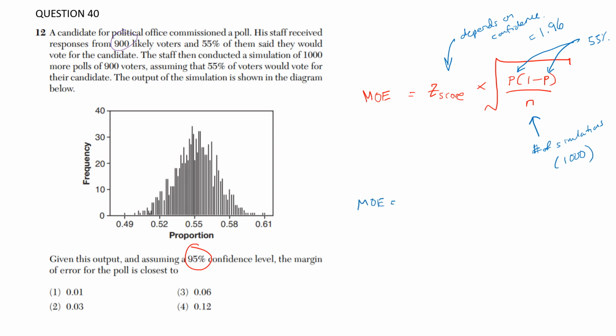The margin of error is equal to 1.96 times the square root of 0.55 times 1 minus 0.55, all over 1,000. And when we solve that out and put that in our calculator, we'll very quickly get 0.0308. And that is pretty close to answer choice 2.